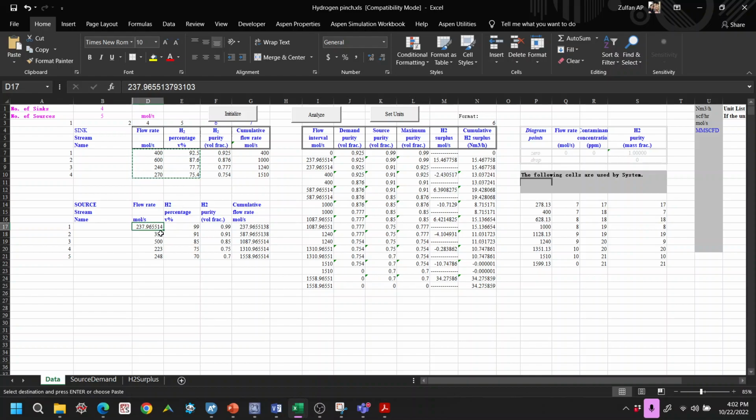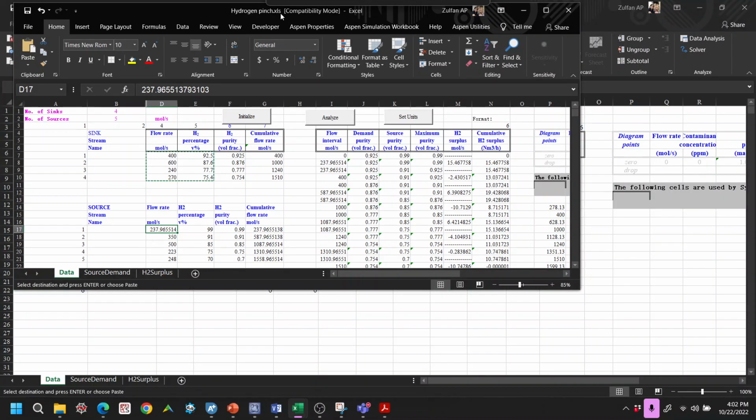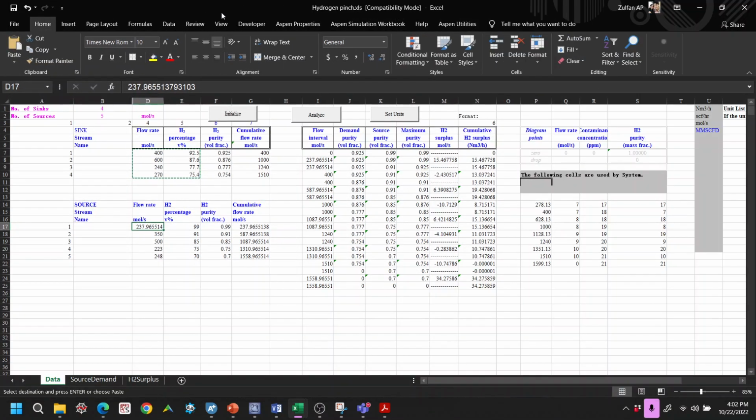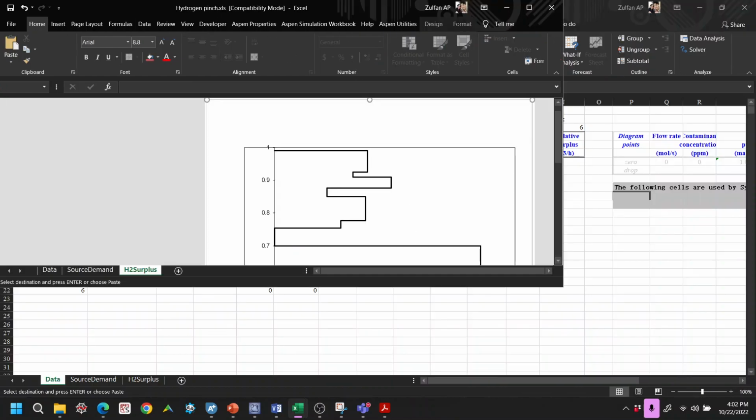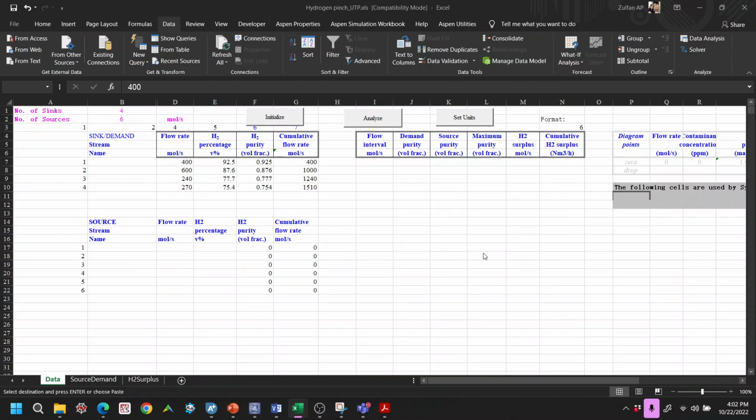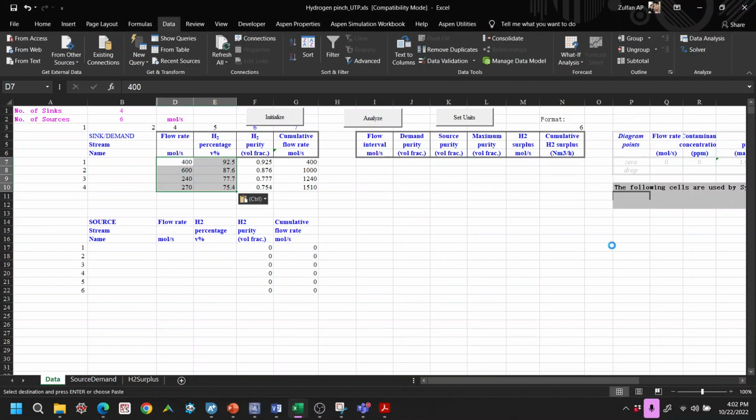Suppose that we want to minimize these hydrogen imports from the hydrogen plant. Then we will buy a PSA unit, for example. How big is that PSA unit? That's the second question. And then we copy again the same, because it's the same users.